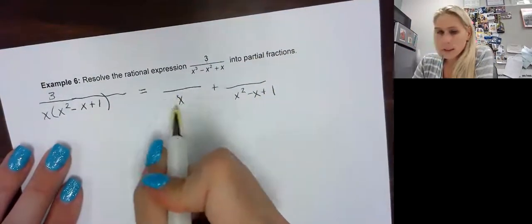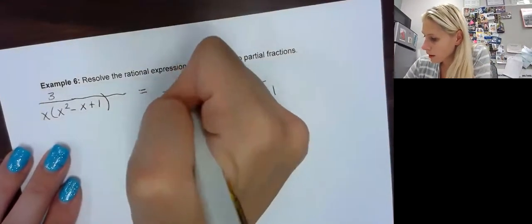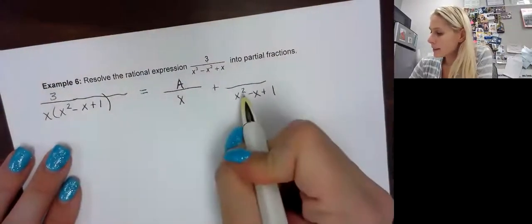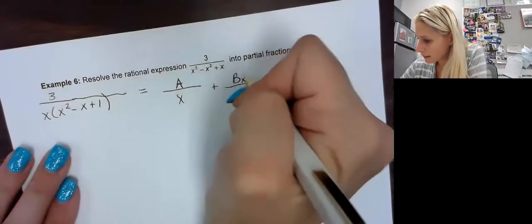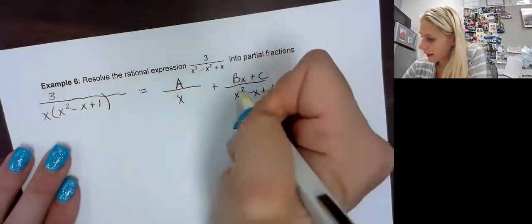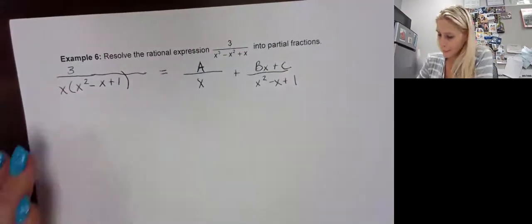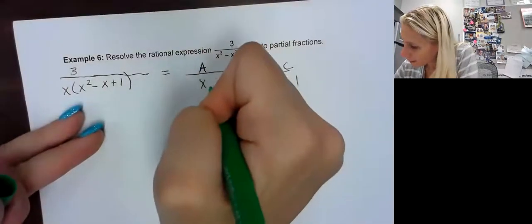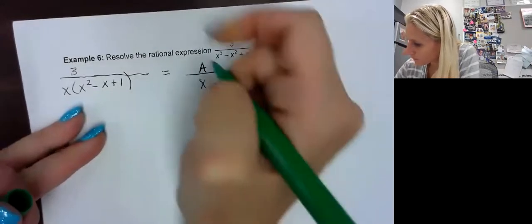Okay, this is just a single x on the first, so that means I'll just put 1 up here, which is just a. But because this is x squared, remember, I have to have this bx plus c. Again, 1 exponent lower. So here I'm missing an x squared minus x plus 1.